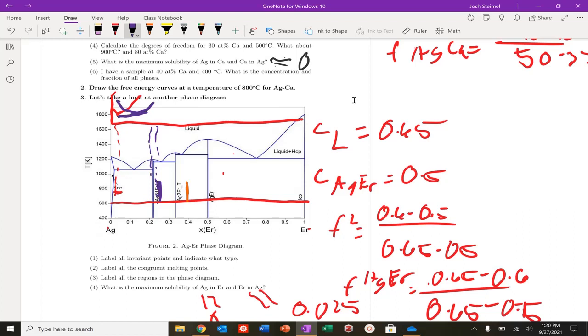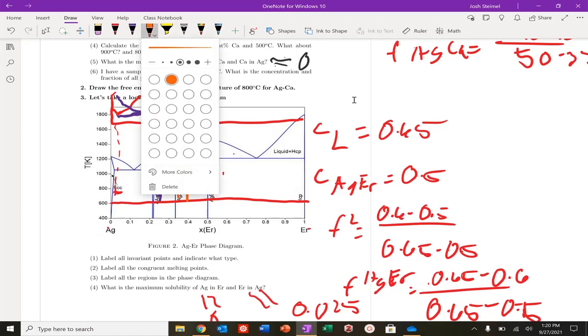And then I'm fully single phase right here. Then I also have another common tangent right here with this curve that comes out of nowhere. So we have another common tangent right here.